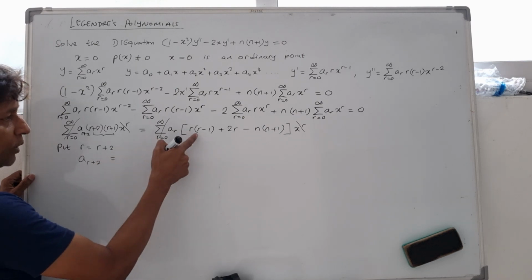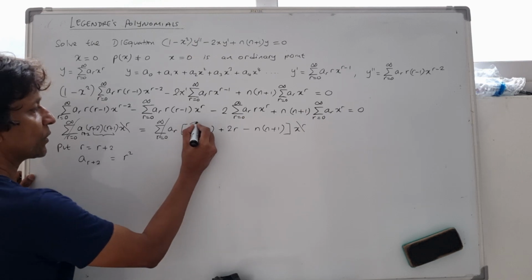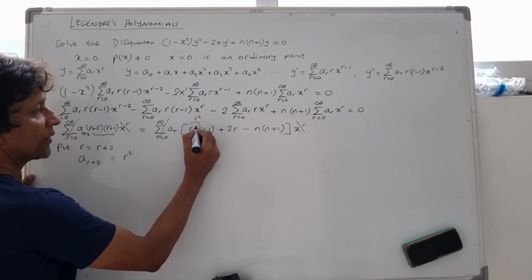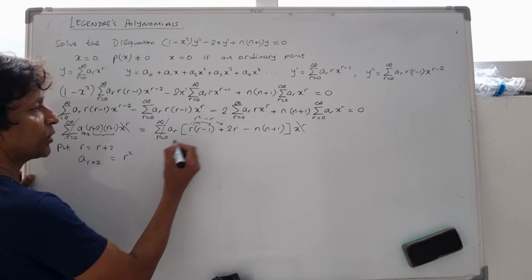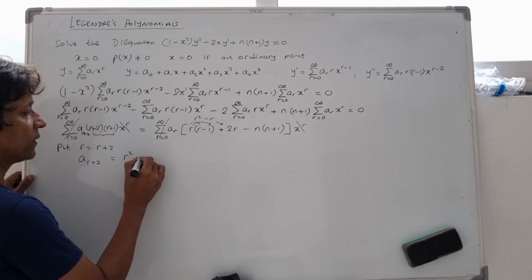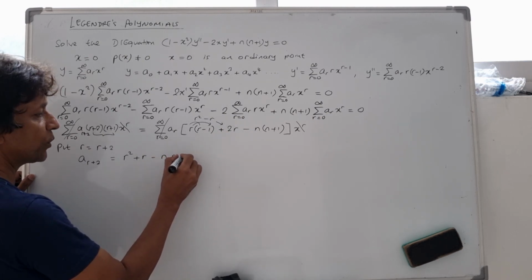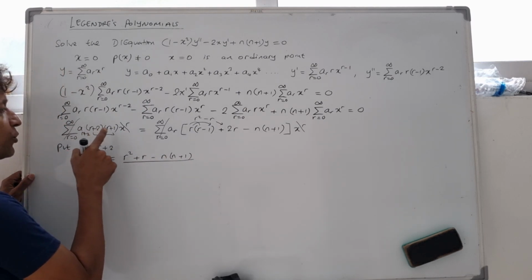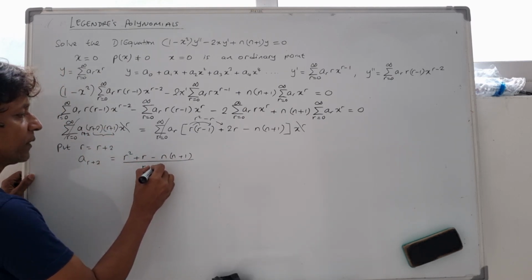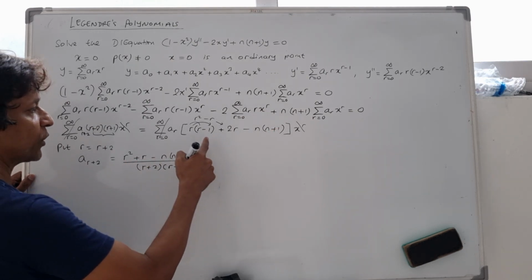On the other side I've got r times r, which is r square, then minus r plus the 2r, which is going to be plus r, minus n into n plus 1, and all of that divided by r plus 2, r plus 1, and then of course I've got the a r.